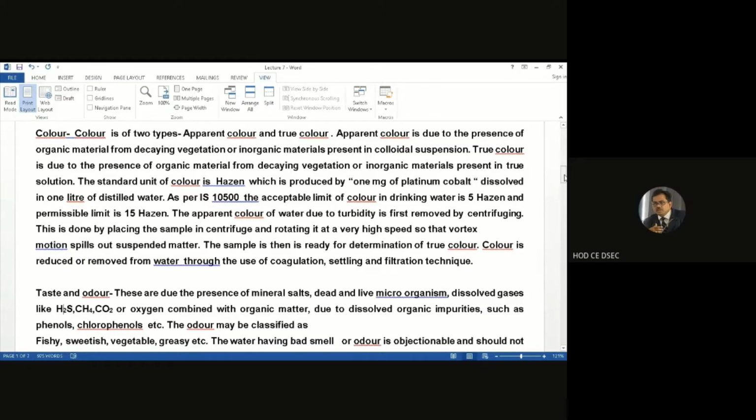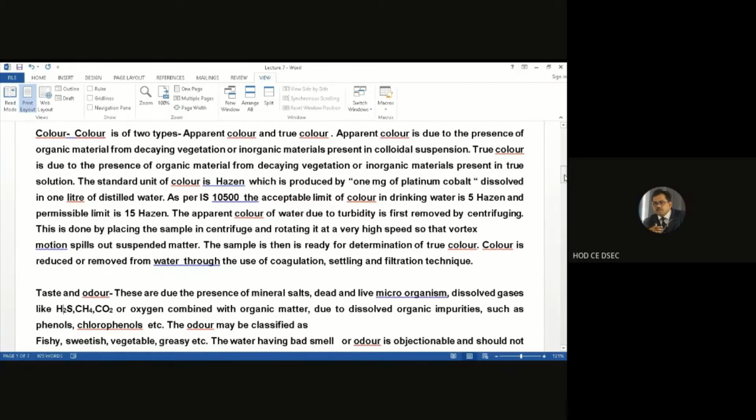As per IS 10500, if you see the drinking water parameters, the acceptable limits and the permissible limits, it is mentioned that the color acceptable limit for drinking purpose is 5 Hazen and the permissible limit is 15 Hazen. What is 5 Hazen? If there is an alternative source, we have to stick to 5 Hazen.